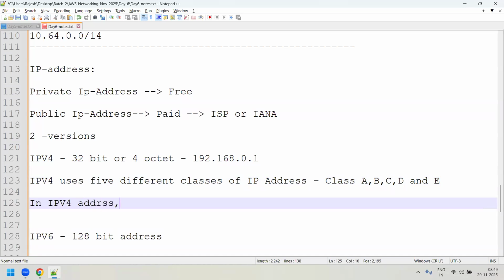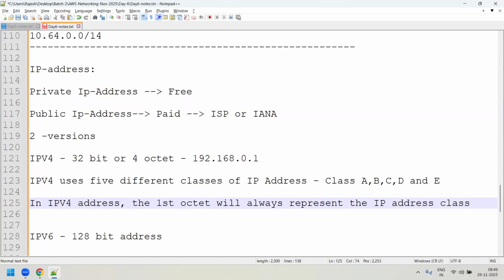In an IPv4 address, the first octet will always represent the IP address class. Do you agree with this, guys?